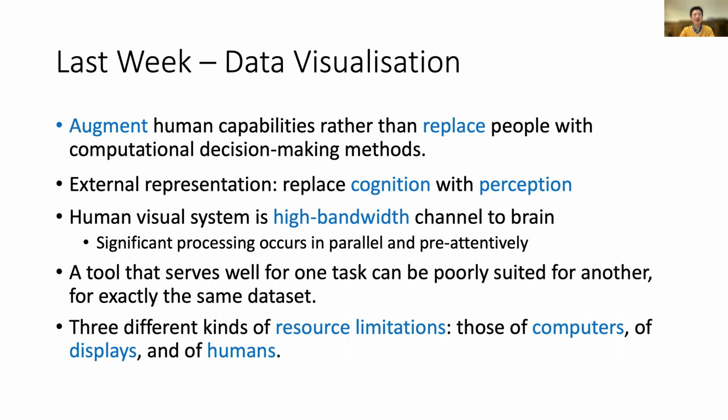Finally, we had a discussion on limitations. There's only so much visualization can do. Obviously, it can't solve all the problems, and there are also limitations in terms of how big a data set it can visualize. There are three of these.